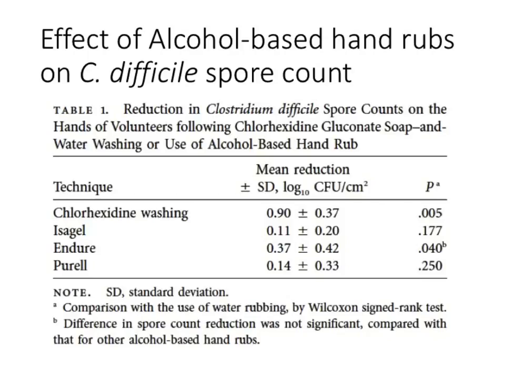So, just to orient you with this data real quick. Type of technique: Isogel, Endure, and Purell are all three forms of alcohol-based cleaning products, so what we would call hand sanitizers. Chlorhexidine is a soap with a phenol or a bisphenol in it as well.